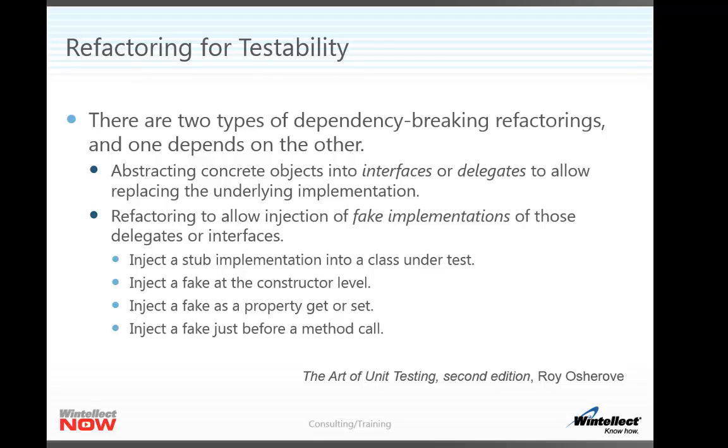Then we have 4 options with fake implementations for those delegates or interfaces. Inject a stub implementation into a class under test. Inject a fake at the constructor level. Inject a fake as a property get or set. Inject a fake just before a method call.